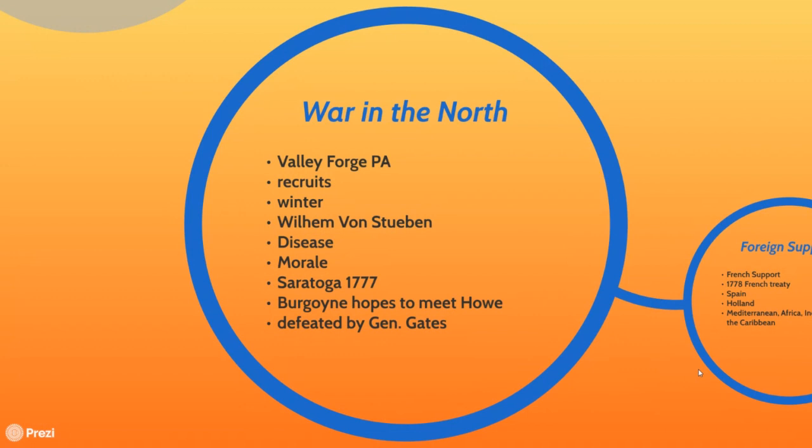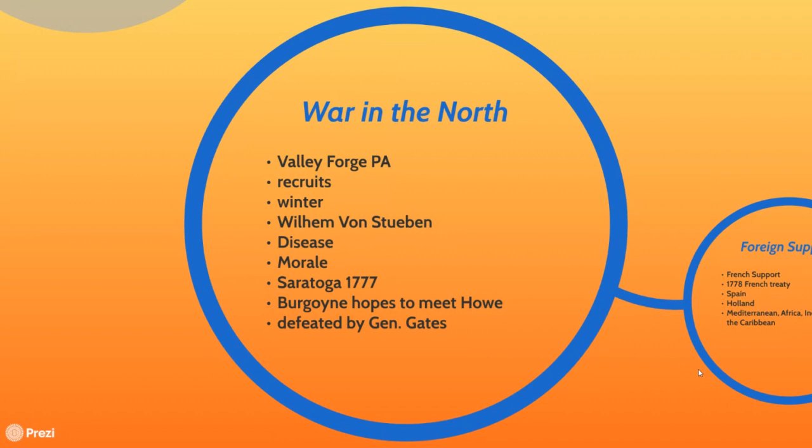Morale is an issue, and coming into the fighting season of 1777, we see this political stage take hold as well. The Continental Congress, especially Benjamin Franklin, realizes that we need support. Okay, and we go to Britain's enemies to get it.